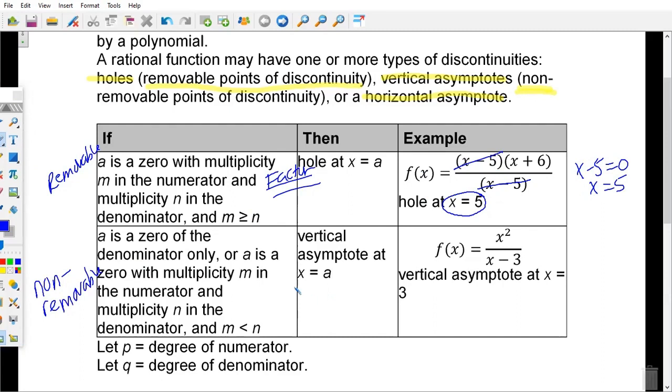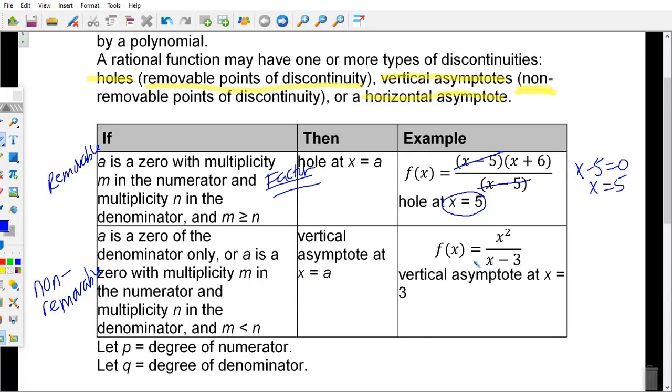So our non-removable happens only if in our denominator, we still have a factor or we still have a polynomial that can be set equal to 0. Okay, that's going to be the main thing.